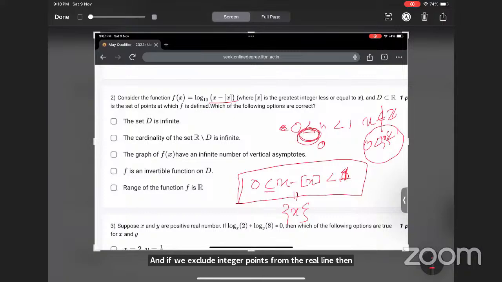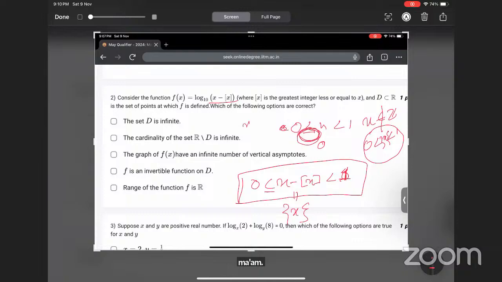So options 1 and 2 are true. Option 1 should be true. Also, the domain excludes a finite number of points, and option 3 is also true because it has many vertical asymptotes at the integers.